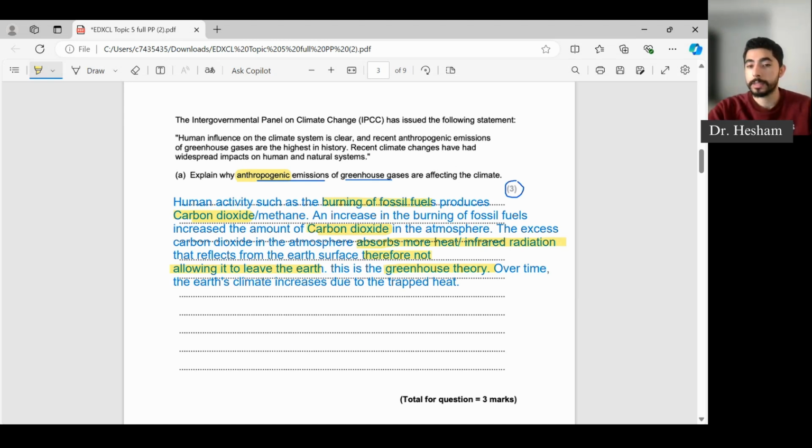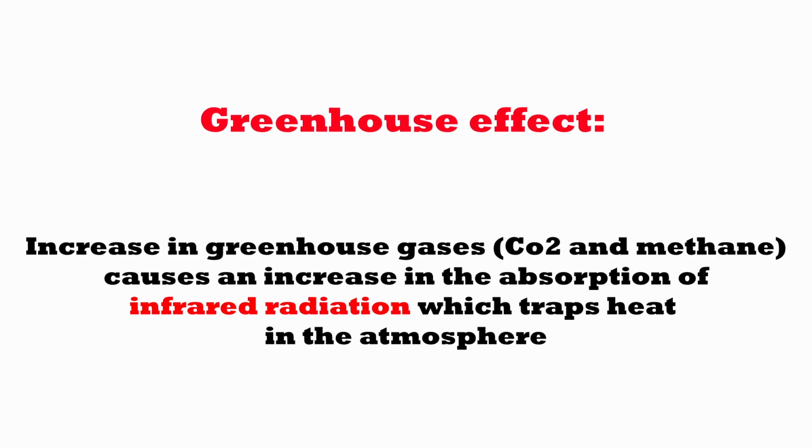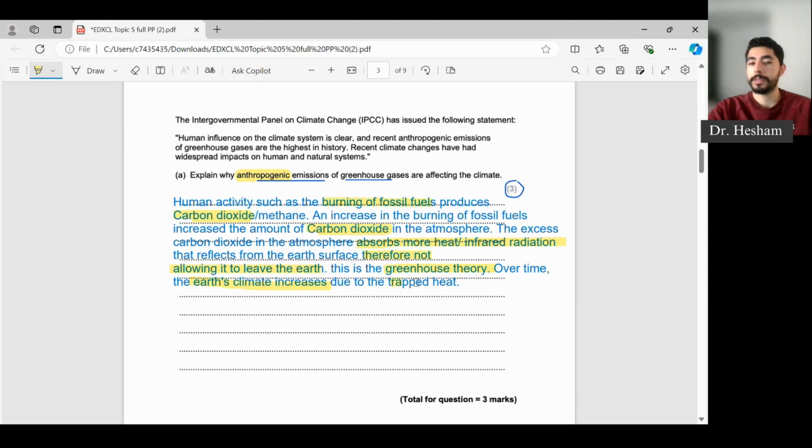Global warming increases. So you have to mention at the end what happens when greenhouse gas emissions increase. What happens to the climate? It becomes hotter, increases. All right, so I said the Earth's climate increases due to the trapped heat. And this will get you the 3 marks.